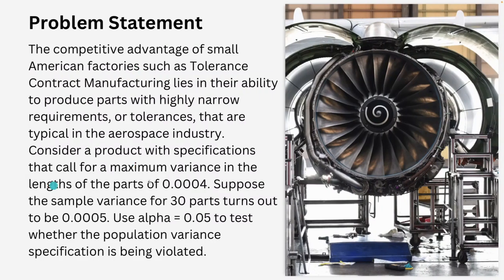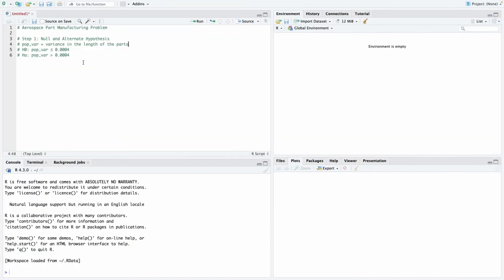So yeah, that's basically it. So we can define our population parameter as the variance in the length of the parts.